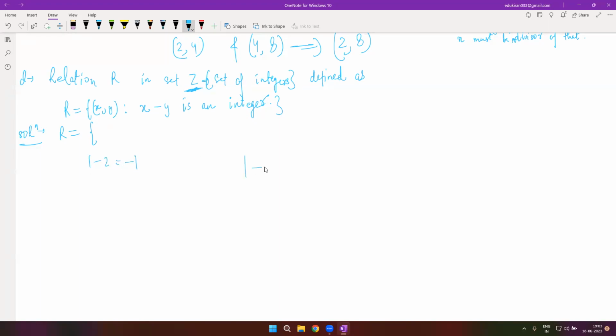And 1 minus 0 is also an integer because it comes 1. Then 4 minus 3 is also an integer. Whatever you take, if you take the difference of two integers, this is always going to be an integer only, right? So in this case, you don't have to write actually any pair. You can understand it from here only.